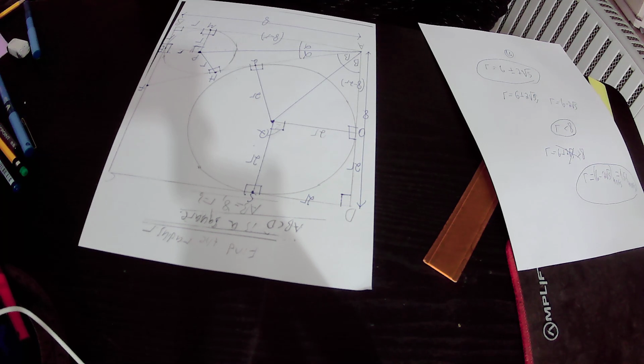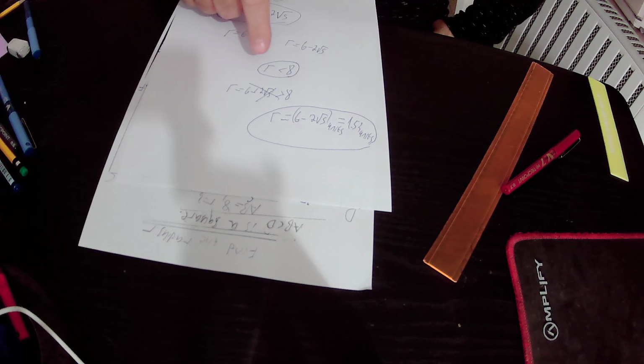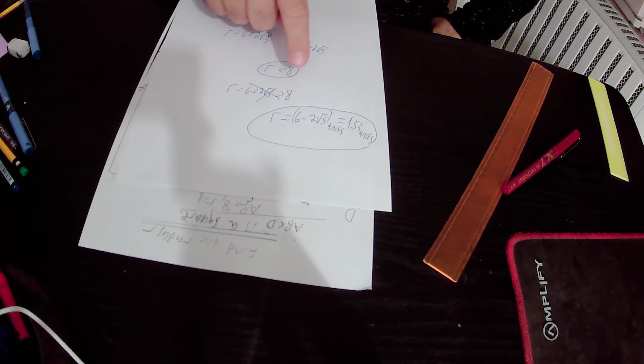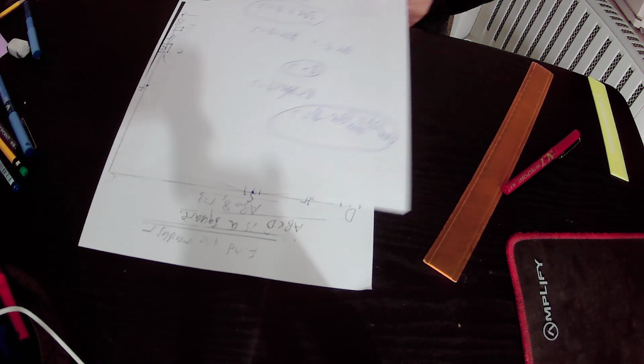So the radius of this small circle must be less than 8 in order to be totally located inside the square. So this answer is not the correct answer, and we are left only with the possibility that the radius of the small circle equals 6 minus 2 times root 5 units, or in terms of numbers, 1.53 units.